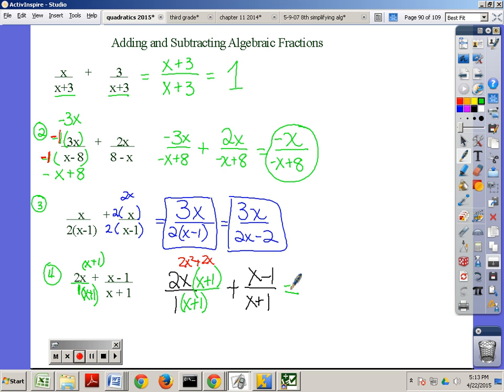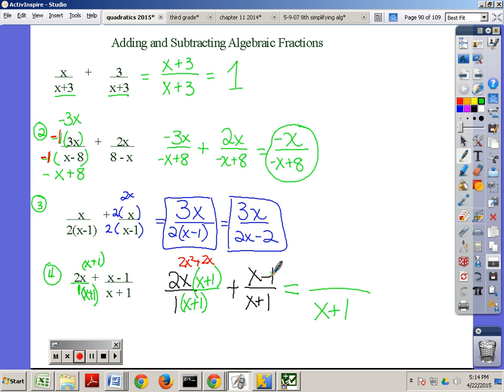So now let's just add straight across. So we know once again our denominator stays the same. Let's go ahead and put that down, because that didn't change in every single one of our problems. Our denominator stays the same. Now up top we have 2x squared plus 2x plus x minus 1.